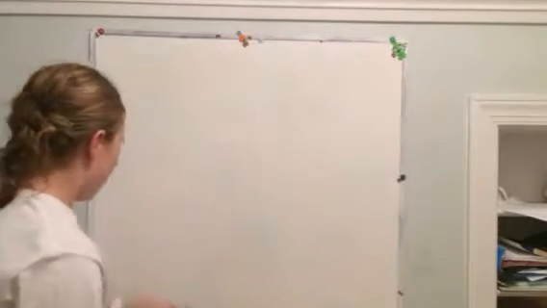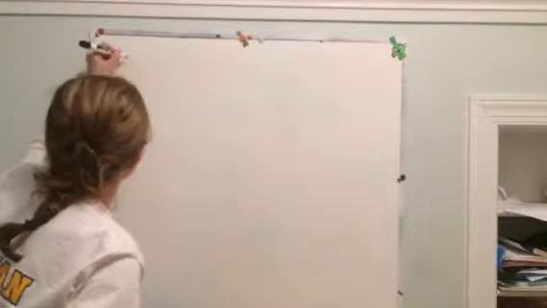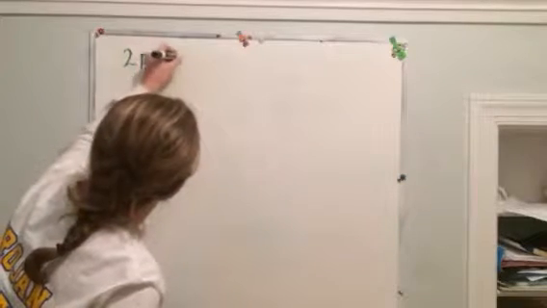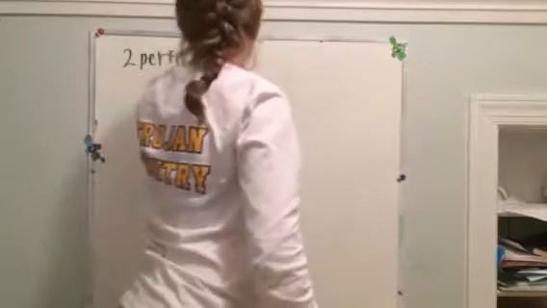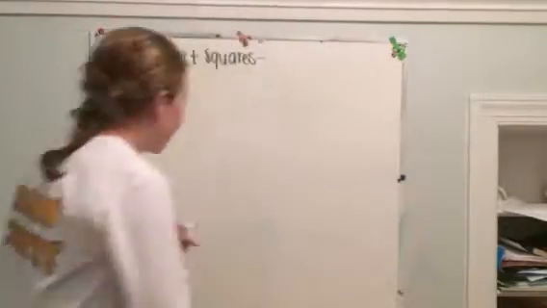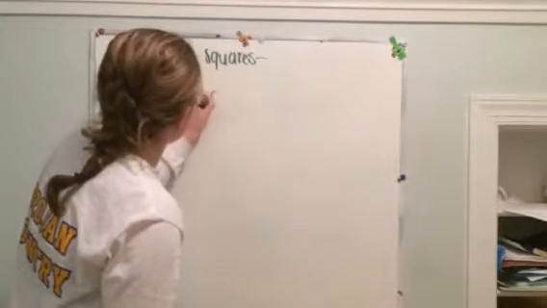Alright, now we're going to do a difference of perfect squares. Our equation for a perfect square is k squared minus 49.